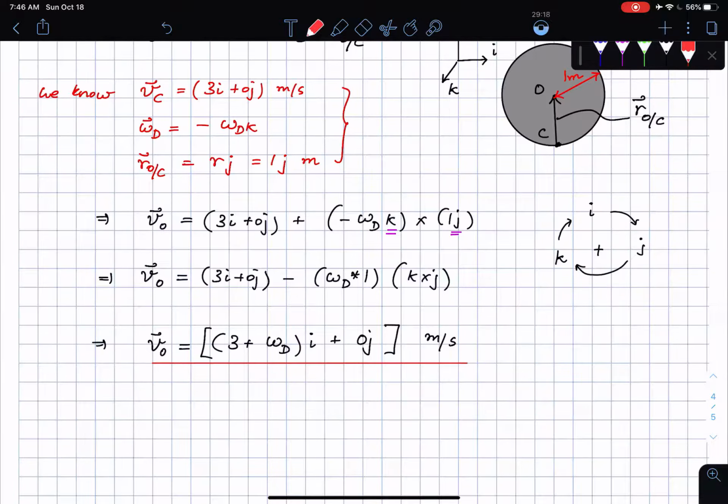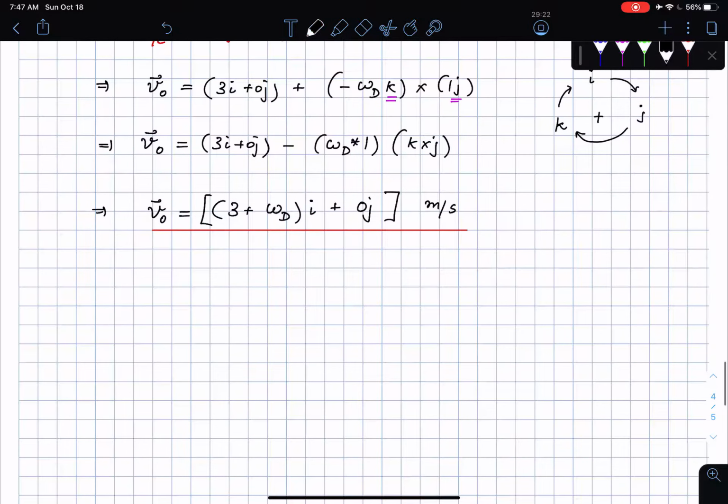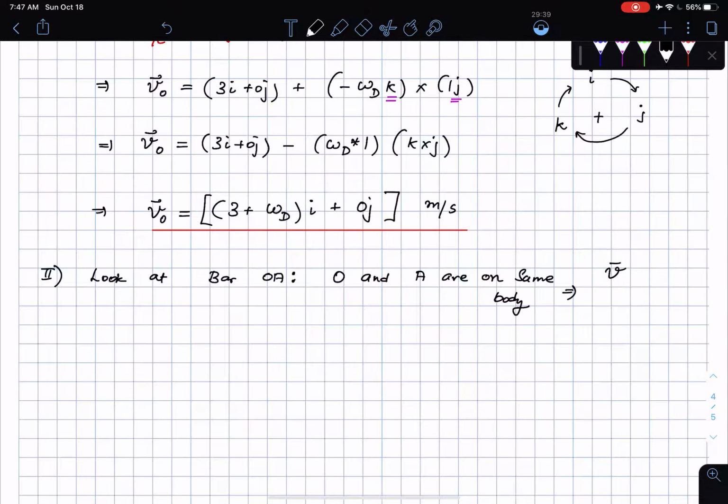The point O is a point on the bar too, right? So I'm going to look at that. Look at the bar OA. O and A are on the same body, which implies that velocity of O relative to A is equal to 0.